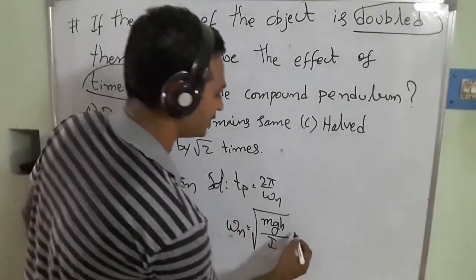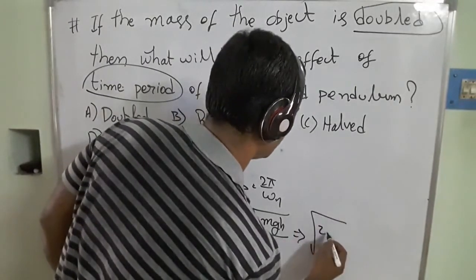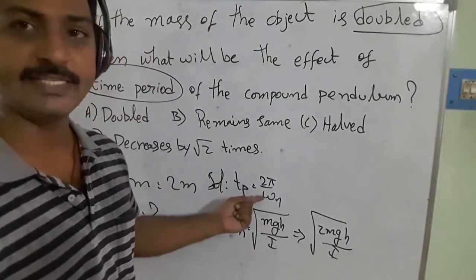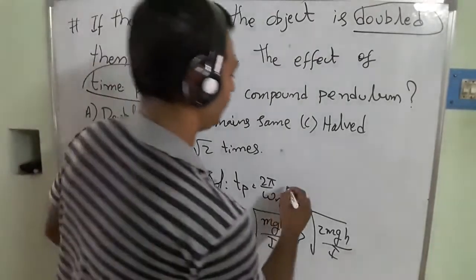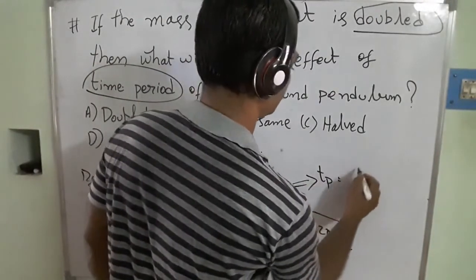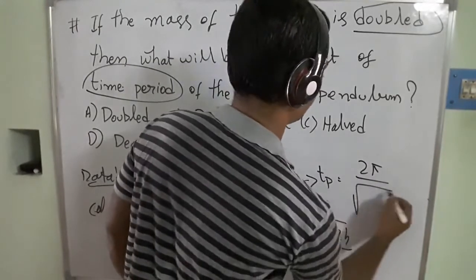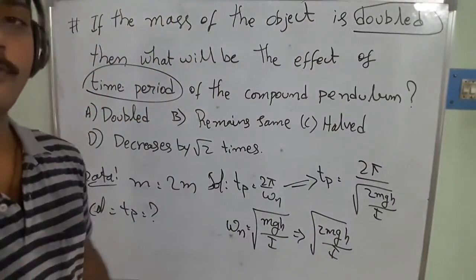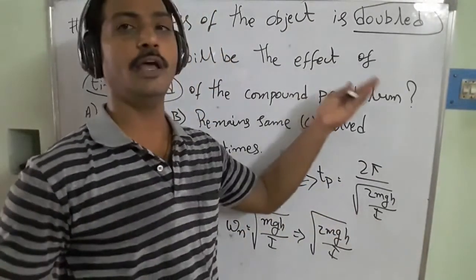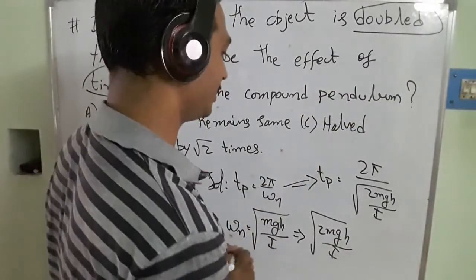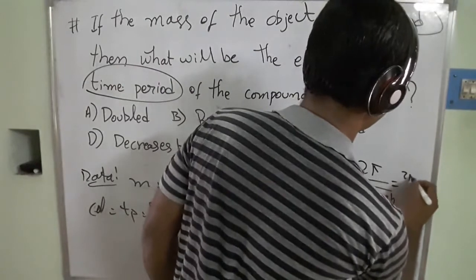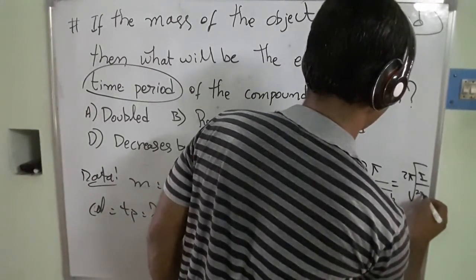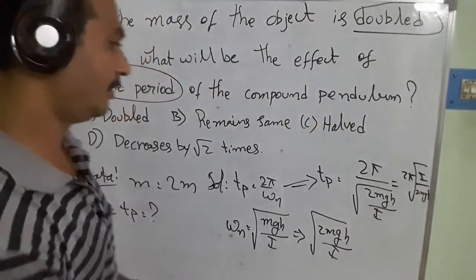So I modify the same equation to the square root of 2mgh by I. Substituting in this equation for the circular frequency, the time period is equal to 2 pi by the square root of 2mgh by I. With further simplification, I is taken to the numerator, so the final equation is 2 pi times the square root of I by 2mgh.